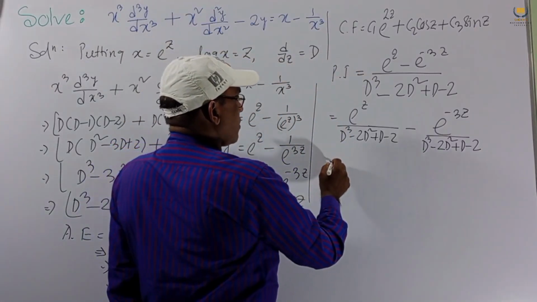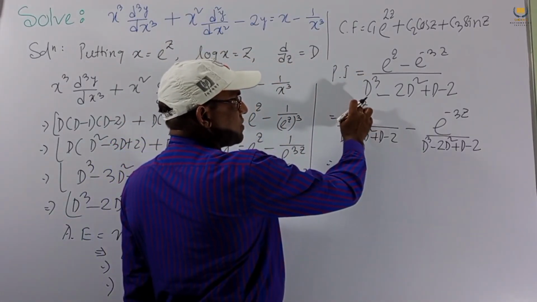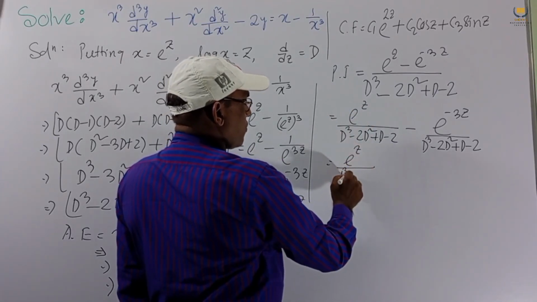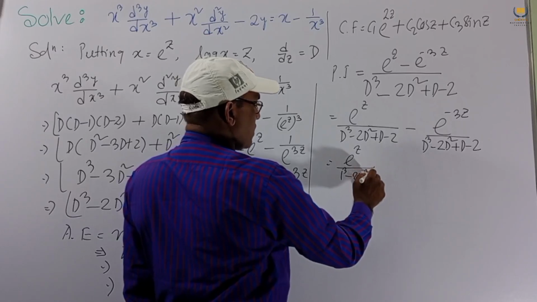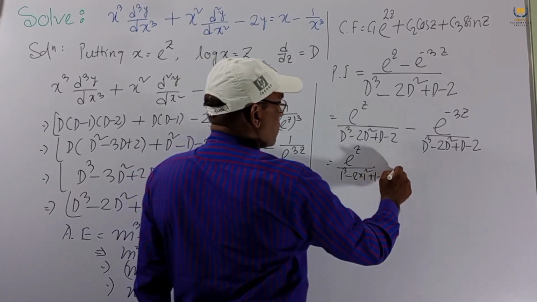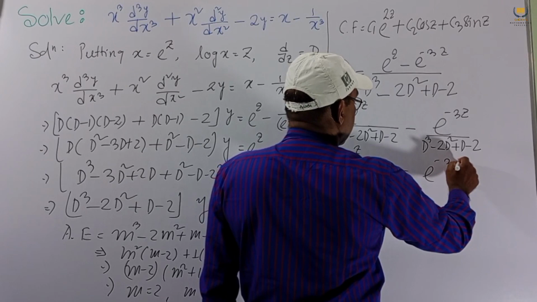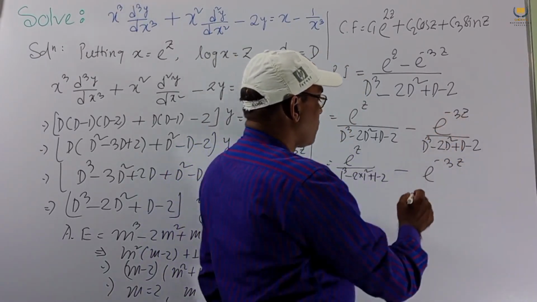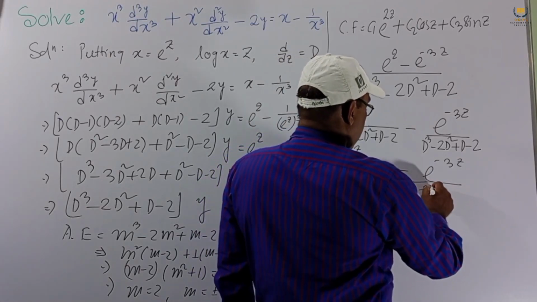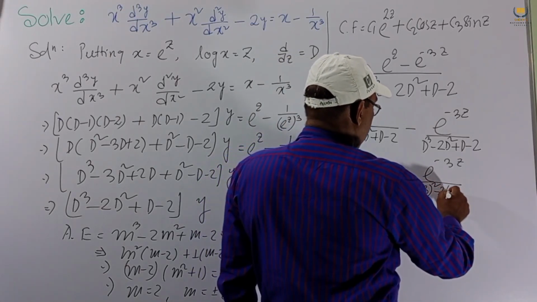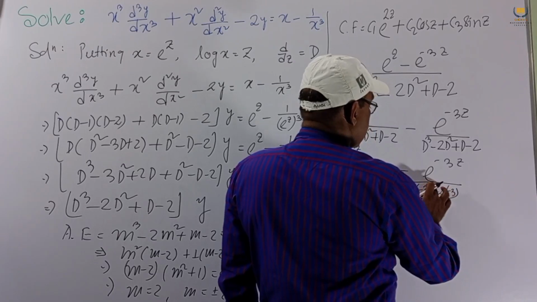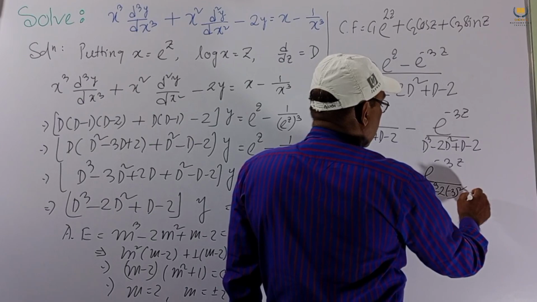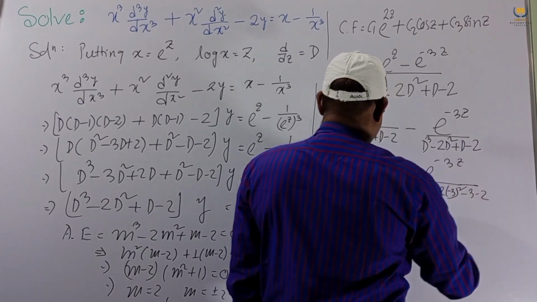And this is exponential; the coefficient of z is 1, so putting 1 in place of D: 1 cube minus 2 into 1 square plus 1 minus 2. And for e to the power minus 3z, the coefficient of z is minus 3, so putting minus 3 here: minus 3 cube minus 2 into minus 3 square, minus 3 minus 2.